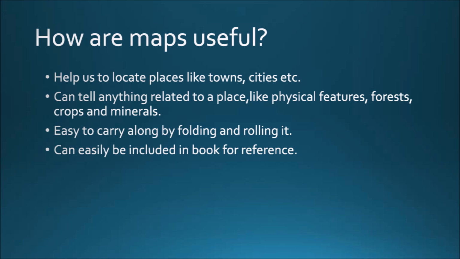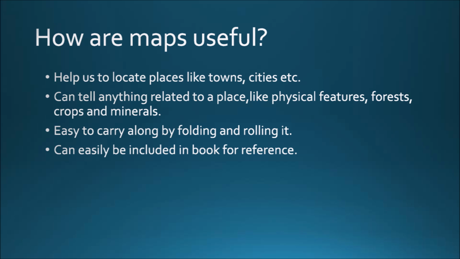They can tell anything related to a place, like its physical features. If we want to know the physical features of that place, we can see the map and know. Forests, crops, the type of crop, and minerals in that place, we can come to know from the map.